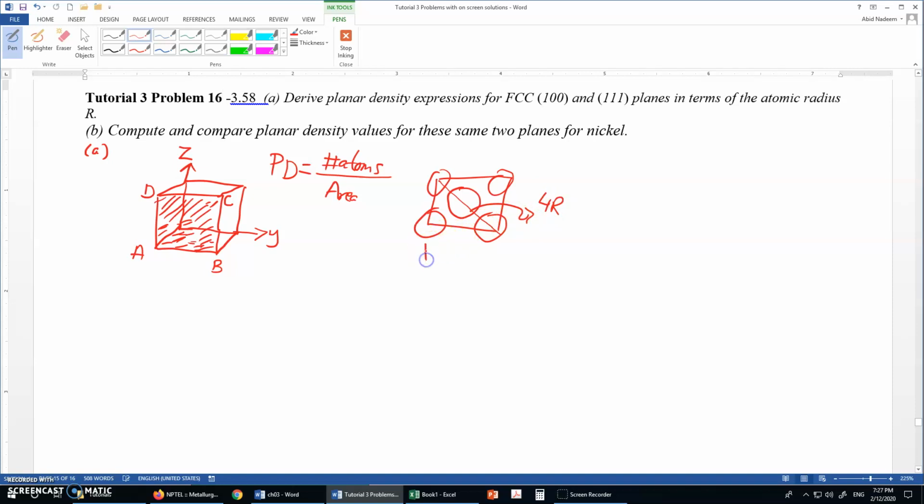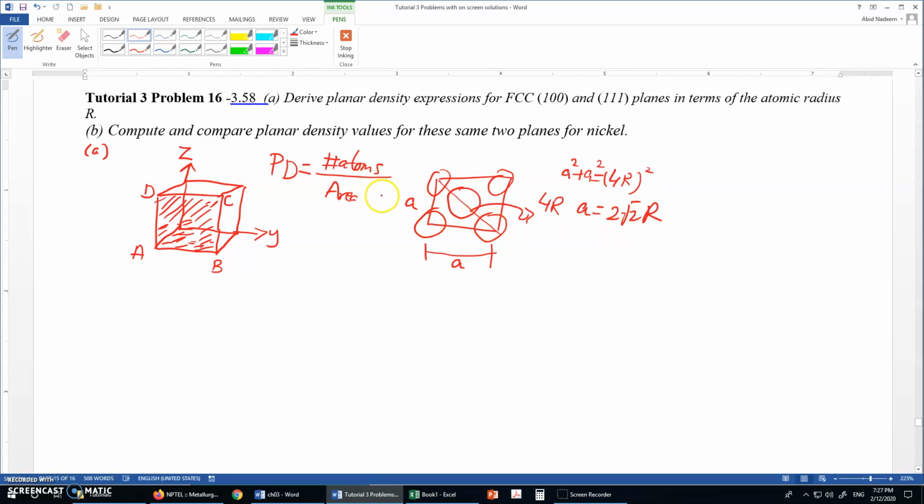Then we can find the length: a squared plus a squared is equal to 4r squared. So you can find a is equal to 2 root 2 r.